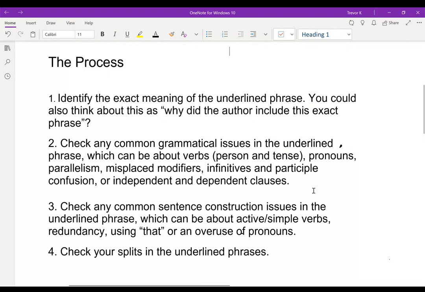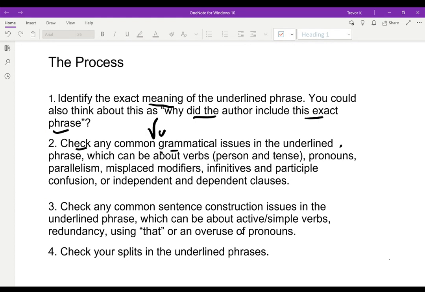So we talked about how our first step in the process is always going to be the meaning, or in other words, why did the author include this exact phrase? And then our second step in our sentence correction process is checking our grammatical issues.